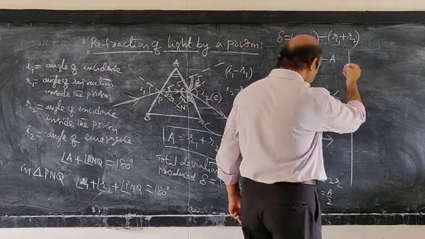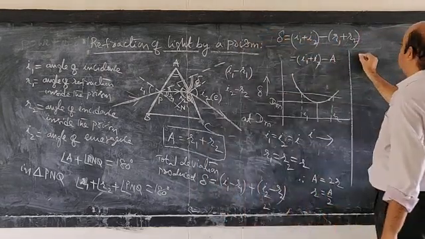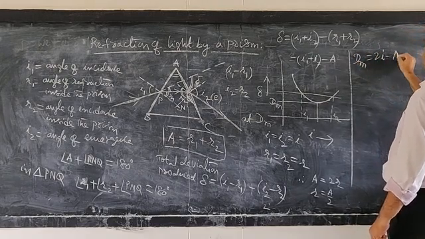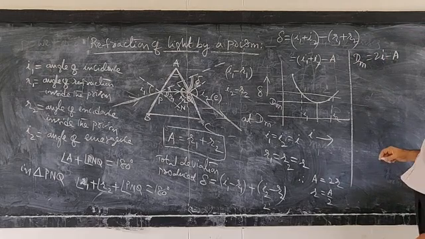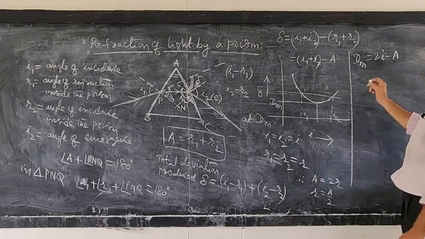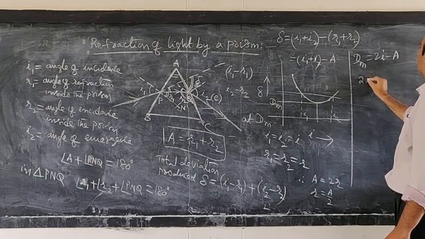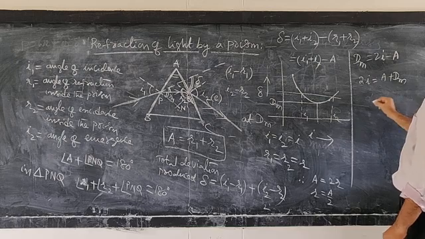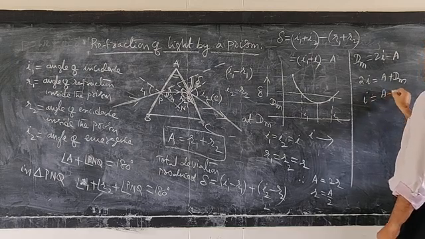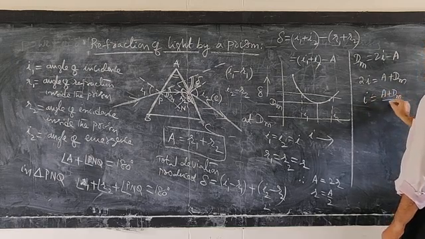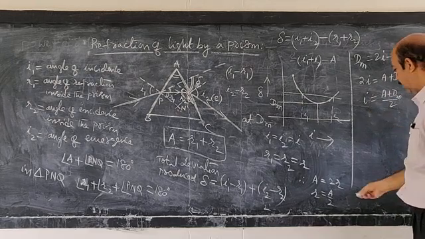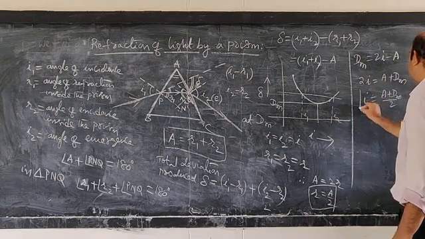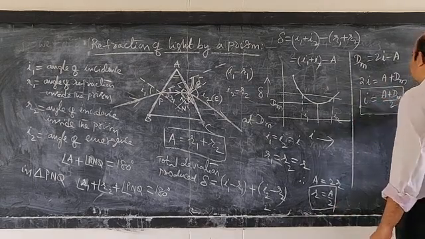And also, we can say that dm is equal to 2I minus A. Therefore, 2I is equal to A plus dm, or I is equal to (A plus dm) by 2. So here we got R is equal to A by 2 and I is equal to (A plus dm) by 2.